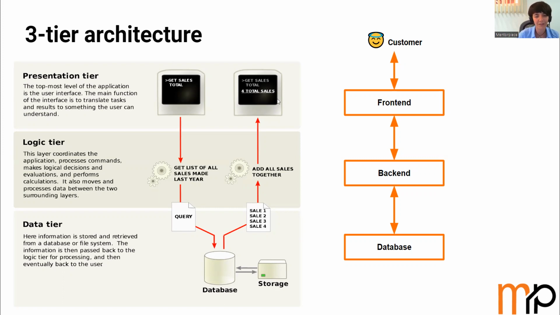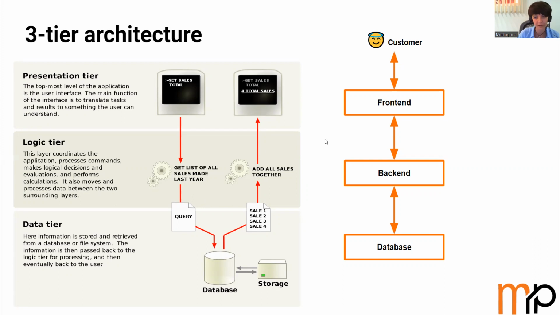But this 10% of the iceberg that you saw on the previous slide is the presentation tier. The topmost level of the application is the user interface, as says this description here in the picture. And the iceberg under the water is typically divided into 2 layers, 2 tiers: the logic layer or business logic.